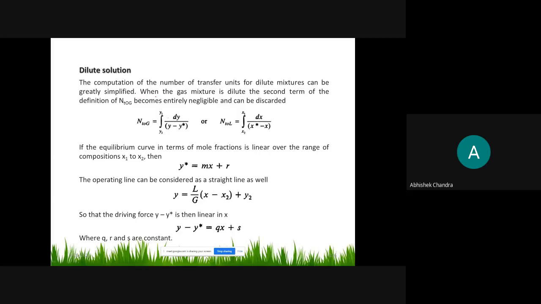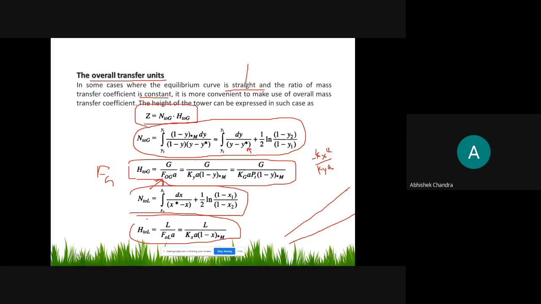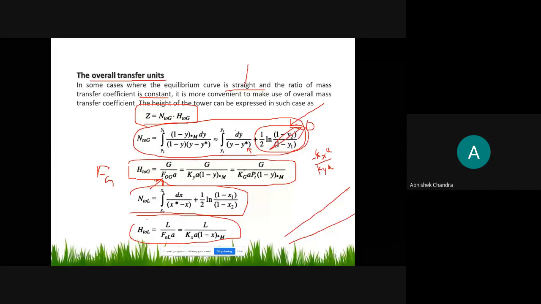Because in the dilute solution we know that the second term of NTOG vanishes. Why does this term vanish? Because the ln of this term, in a dilute solution, the composition changes very little, so their ratio approaches zero. You already know that the log of a small quantity is almost negligible, approximately zero, so this term vanishes and only this term remains here.